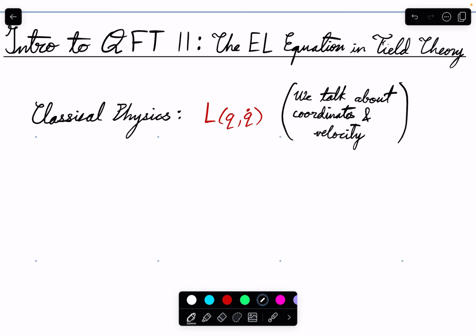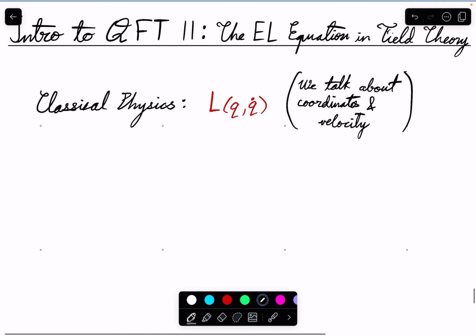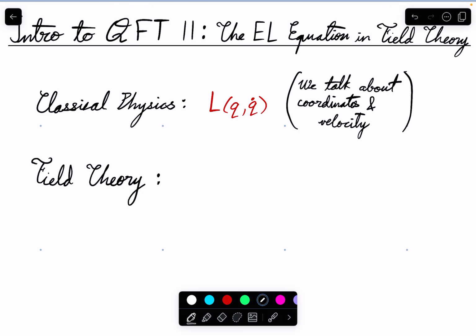But in field theory, everything is probabilistic because you no longer have a specific knowledge of where things are. They lie continuously throughout a field. They're no longer at points. And so in field theory, we have Lagrangians, but they depend on the field, which actually depends upon position.